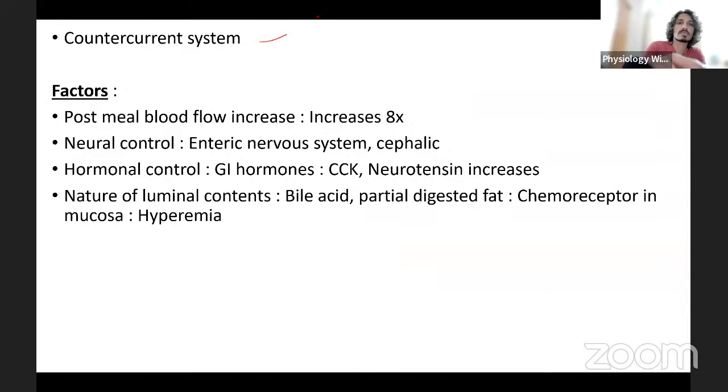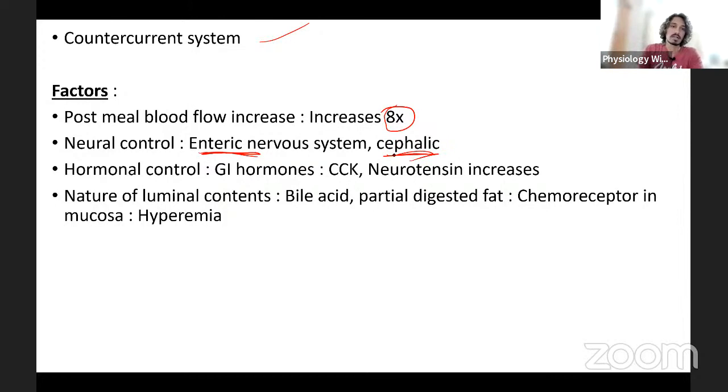So one thing we talked about is countercurrent system. What are the factors that affect it? One, post-meal, usually blood flow increases in the splanchnic circulation. Okay, almost 8 times increase in the blood flow is seen post-meal. We have neural control, which can be either the local enteric system or directly from the cephalic phase through the vagovagal reflex.